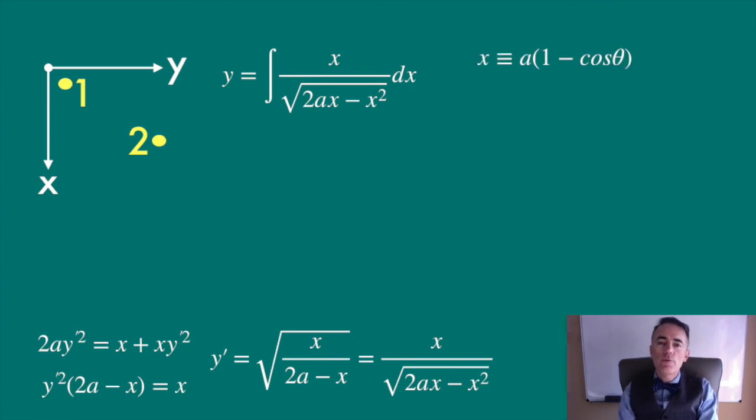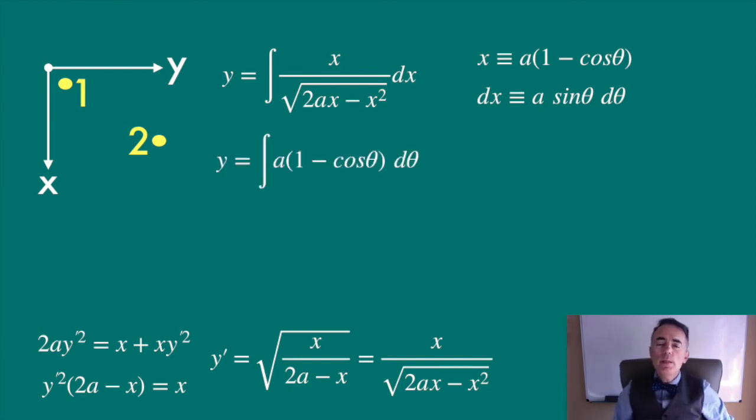If we do a change of variables where x is equal to a times 1 minus cosine of theta, so dx is equal to a sine of theta d theta, the integral becomes, and the solution of this is.